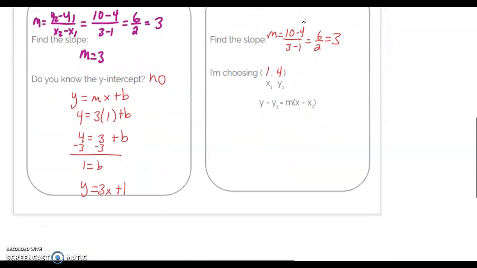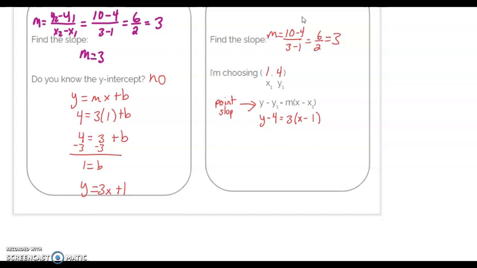All right, and then it says to go ahead and plug in y1. Well, y1 is 4. M, well, the slope was 3. And x1 was 1. Plug in y1, m, and x1 into point-slope form. This right here, this is point-slope form.